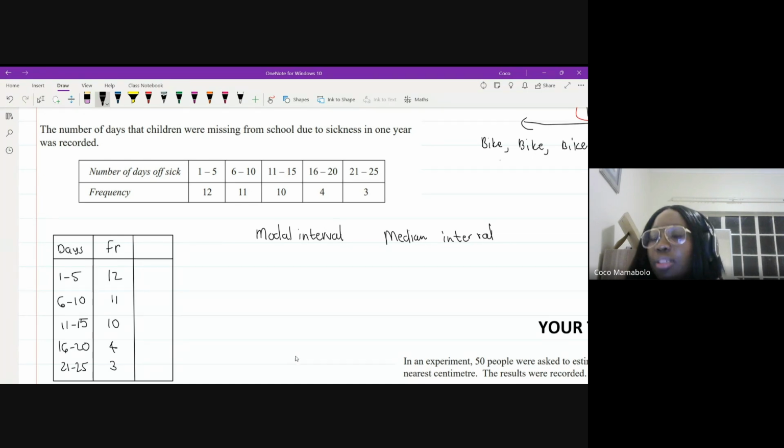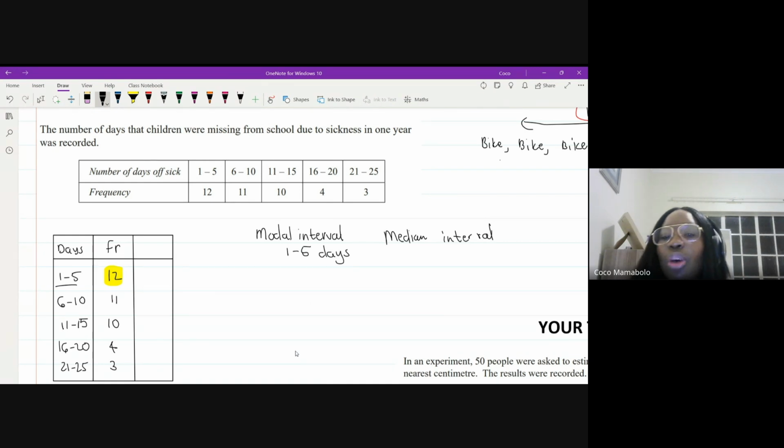Correct, 1 to 5, because the highest frequency is 12, meaning the modal interval is 1 to 5 days. That means most kids were sick for between 1 to 5 days. So maybe 2 days, maybe 3 days, maybe 4 days, maybe even 1 or 5 days in the year.